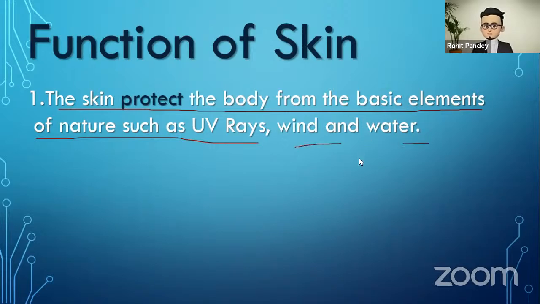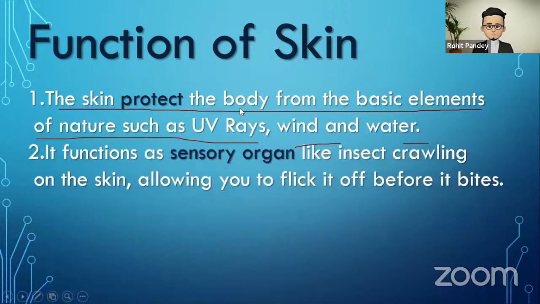The skin plays a very important role for the human body. Ultraviolet rays come from the sun to the earth, and when they come in contact with the skin, it is harmful for us, as are wind and water.